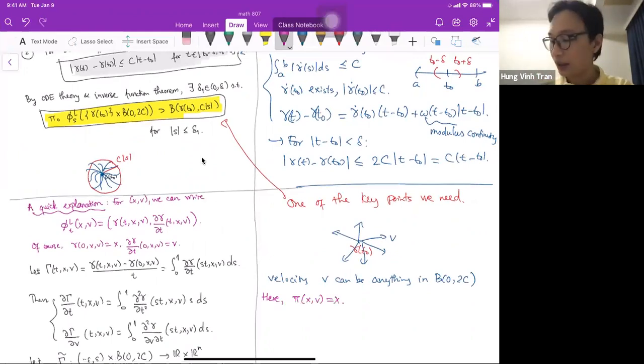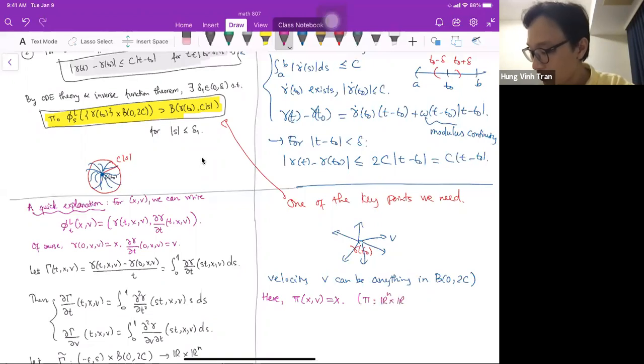Maybe I should have said p is mapping from R^n cross R^n to R^n, and it projects to just the position x. Okay, so that's the theorem, and then we need to prove this carefully.